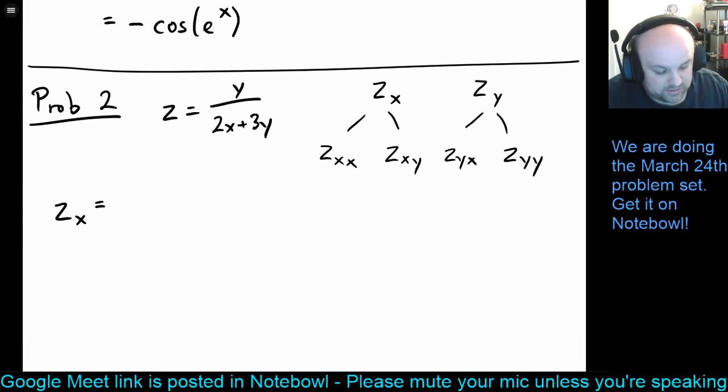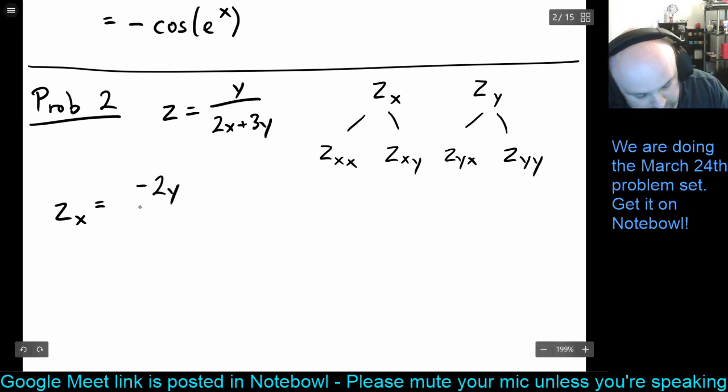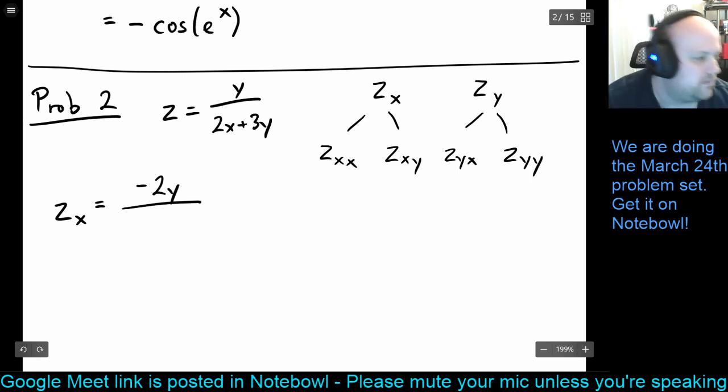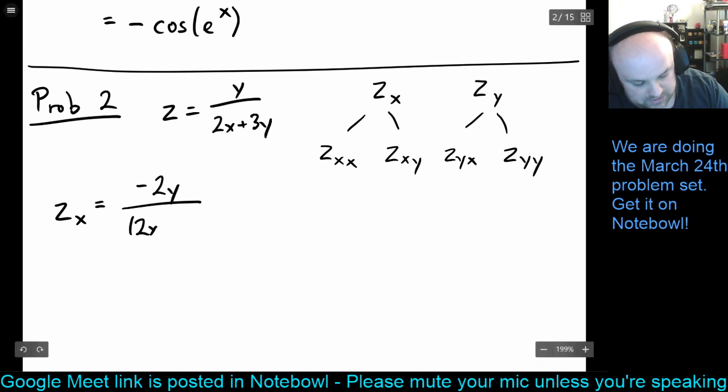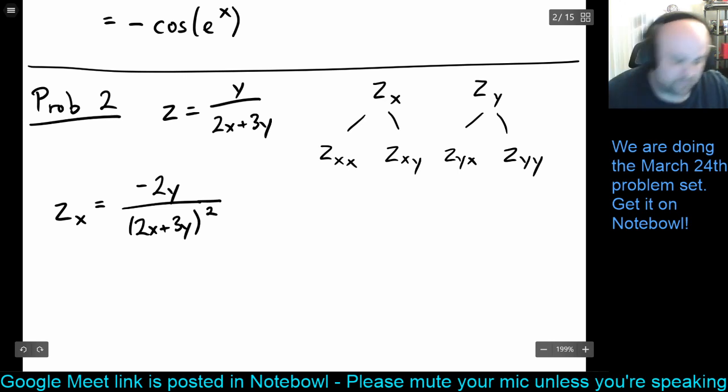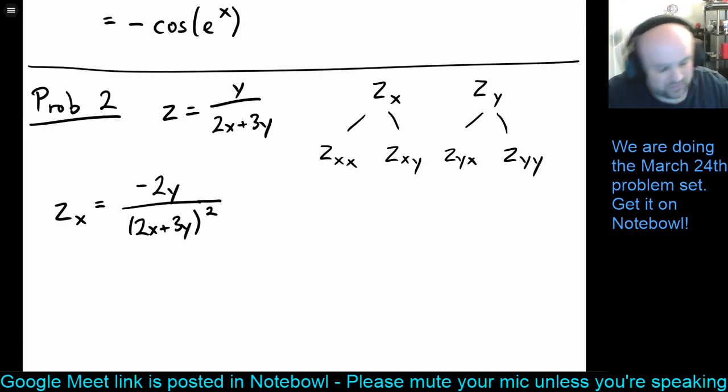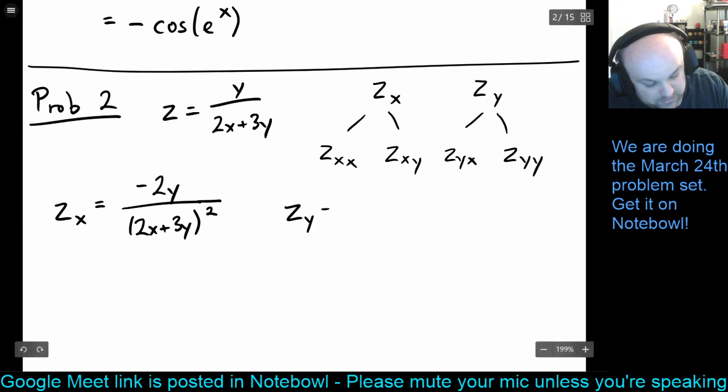So the derivative of this is going to be negative 2y over 2x plus 3y squared. And then zy is a little more complicated. We actually have to do a decent quotient rule on this one.